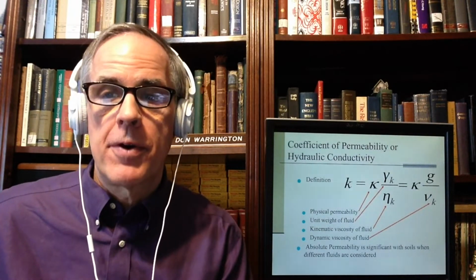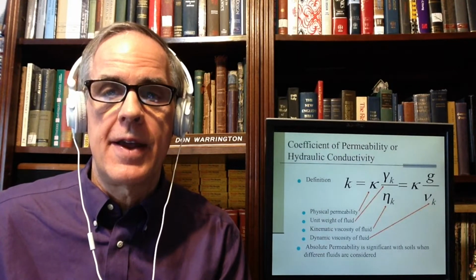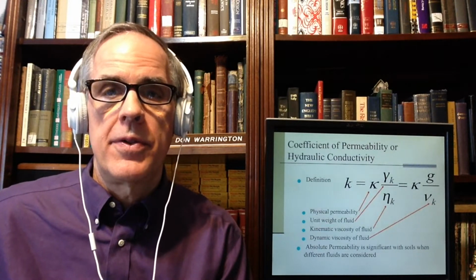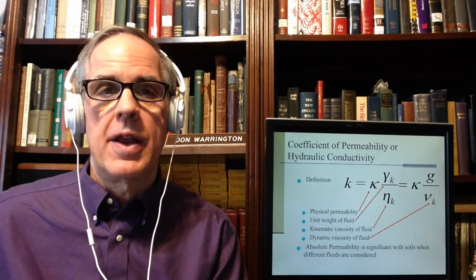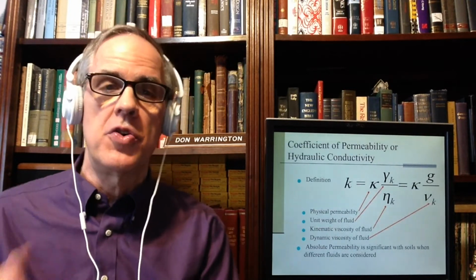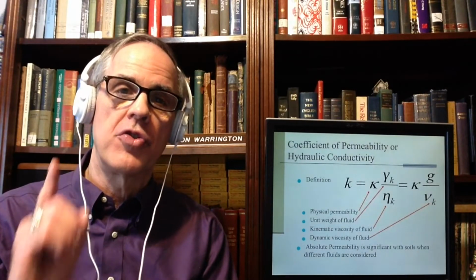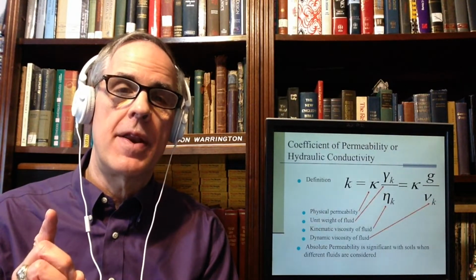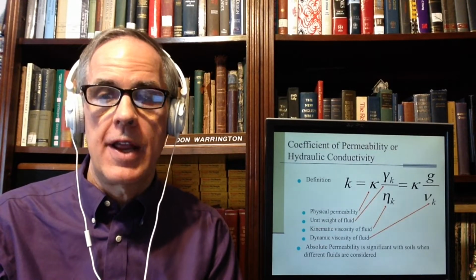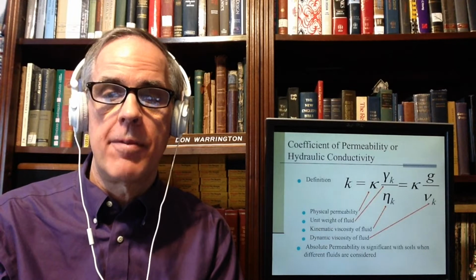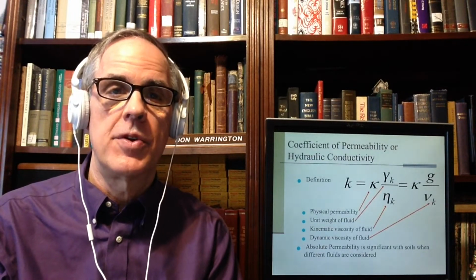For geotech purposes, we're not going to spend a lot of time on absolute permeability of the soil, because water is the only fluid we're really going to think about. If your environmental situation is different, different fluids will flow through the soil at different rates depending upon their physical properties, their dynamic or kinematic viscosity, and unit weight. So keep that in mind.